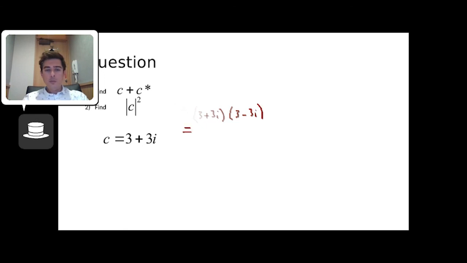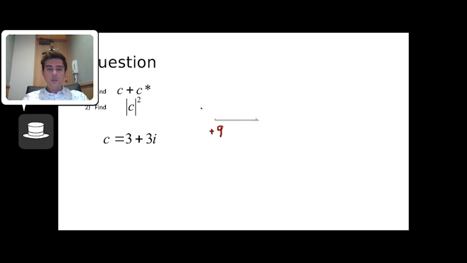We can just go through term by term. Let's do the first two terms here: 3 times 3 is 9. Let's do the last two terms: 3i and minus 3i. So i times minus i is 1, plus 1. And then 3 times 3, so that's 9.